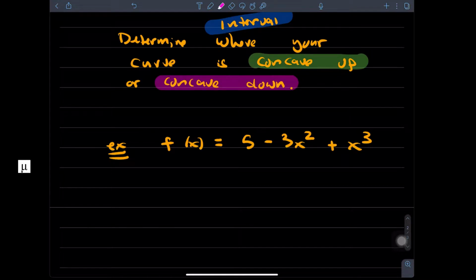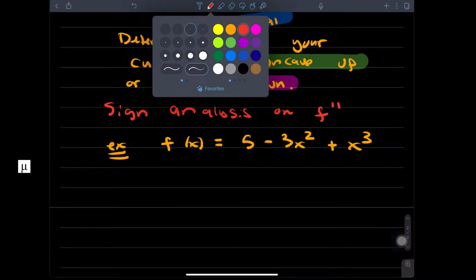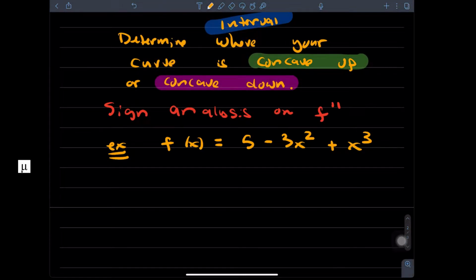All right. Let's find the second derivative. In other words, when they ask concavity, you know what this is code for? Sign analysis on what? The second derivative. There you go, ladies and gentlemen. Sign analysis on the second derivative. That's all you got to do.